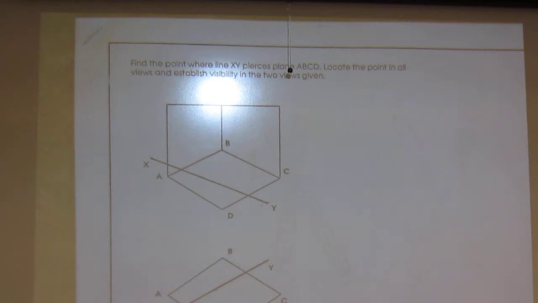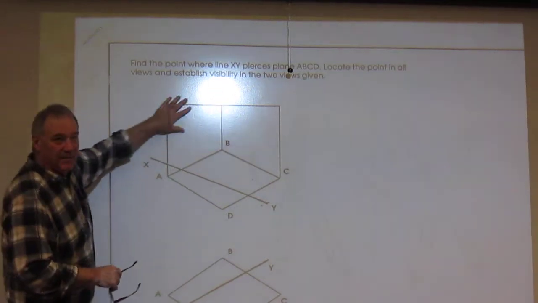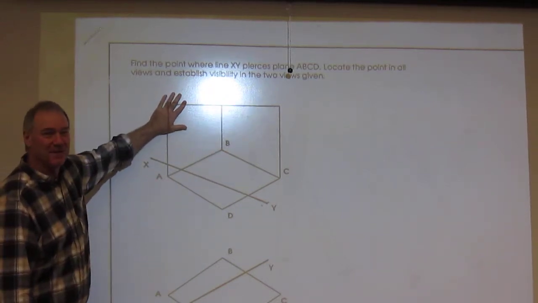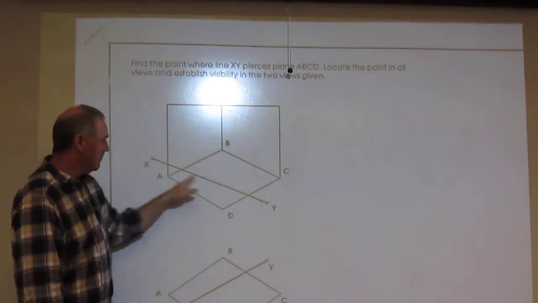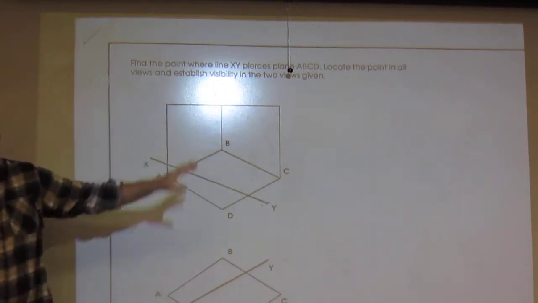Now, here we have a plane and a pipe. These three lines right here, by the way, are just to keep you straight. They're not part of the plane. You're dealing with plane ABCD, just this shape right here, and pipe XY. So just ignore these three lines.